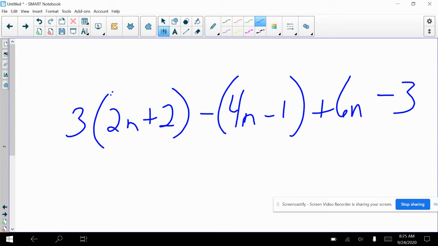Right, this is not an order of operations problem. Okay, it is partly distributive, but what else do you see in there? A variable. Is the variable all the same? They're all n's, right? Which your mind then should start thinking, I have to.